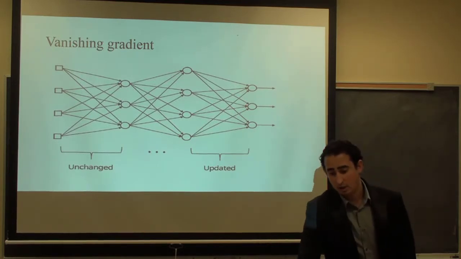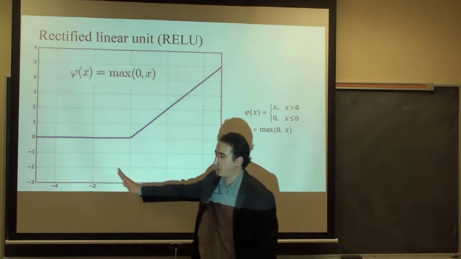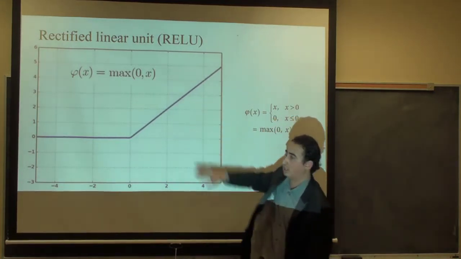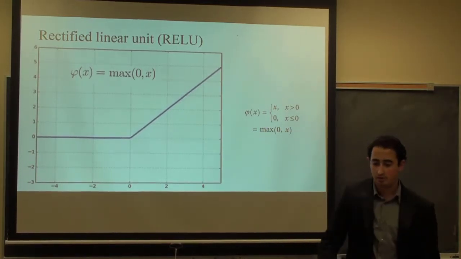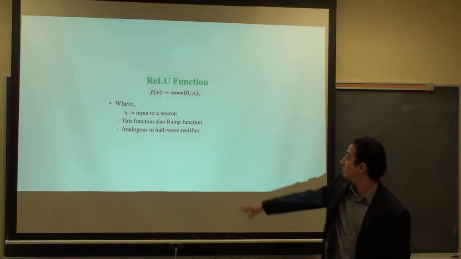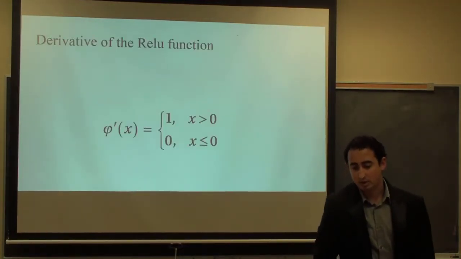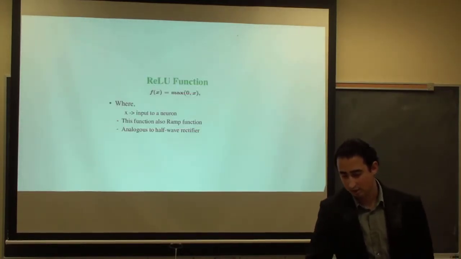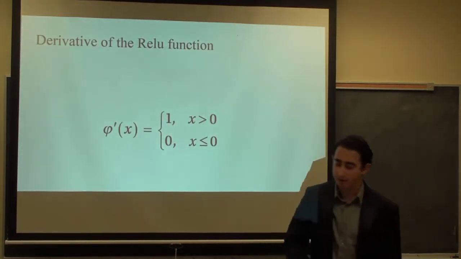For that, we're using the ReLU function. Before 0, it's 0, but after 0, it's a linear function. So we have x and 0. f(x) is the max of 0 and x. We're also using its derivative, which is going to be 1 and 0.